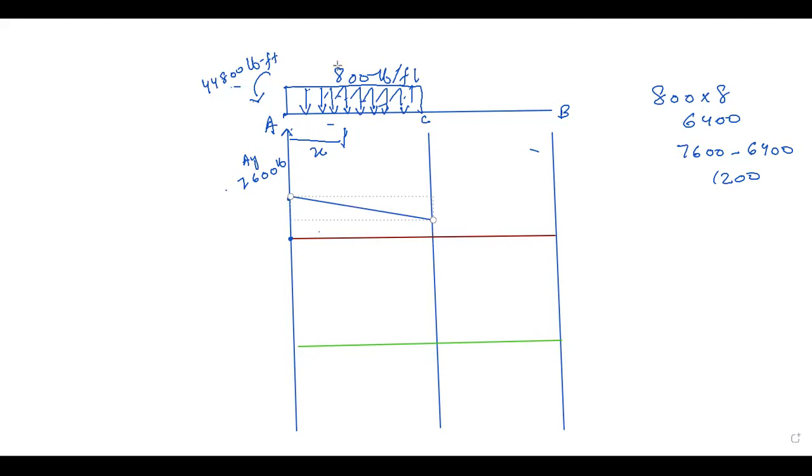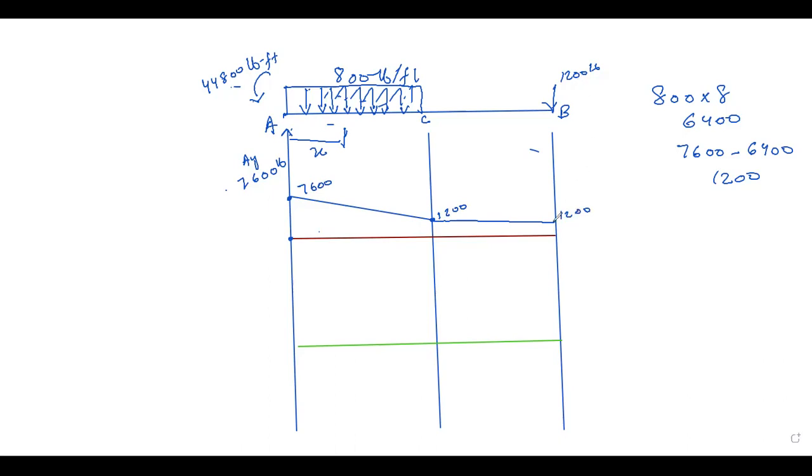Then from here to here there is no load, so we have a straight horizontal line. And then here we have a point load of 1200 pound downward. So this is 1200, this is 7600, and this is 1200 as well.